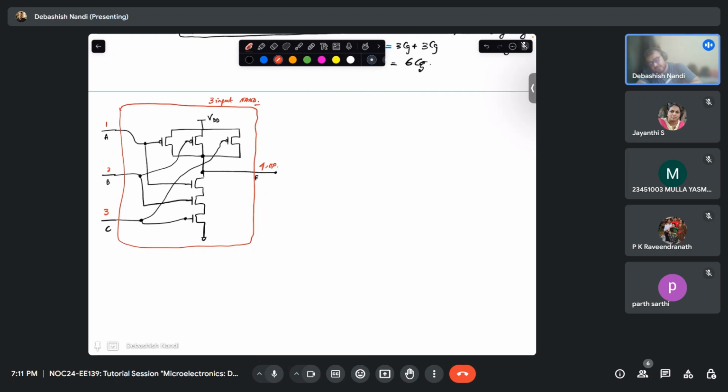Okay, you do not get to see what is inside. So now if you see that you have a capacitance here and you have a capacitance here, these two capacitances are in parallel because these nodes are in the same position. So this is your 3CG, this is your 3CG. So what is your C input with respect to A input? If you can translate it simply, there is a 6CG capacitance, okay?